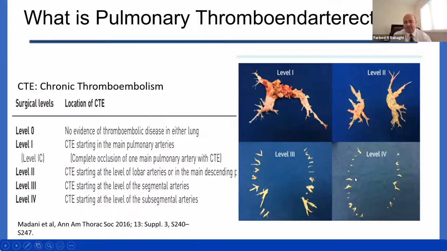As you get further and further, where there isn't a lot of material in the big arteries, but you have to go very far to get anything, then you're talking about a level 4. The further out you get, the harder the surgery gets. So in surgeries where you expect a level 4 outcome, the risk to reward is higher, and it has to be taken on with more awareness of the risk to reward.